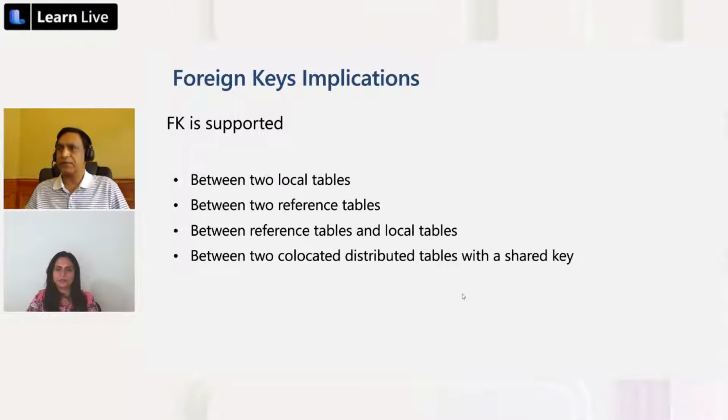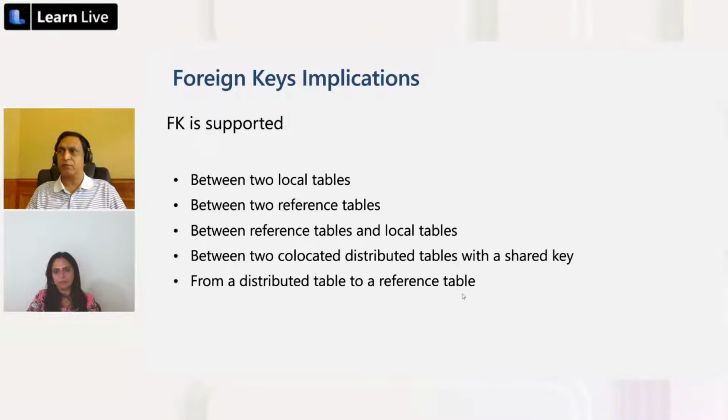And see, at this point, you have no connection between the distribution tables, right? So that is where you have to be careful when you are connecting two distributed tables. That means you have to use the same distribution column so that both exist in the same place. So that is where that foreign key is allowed.